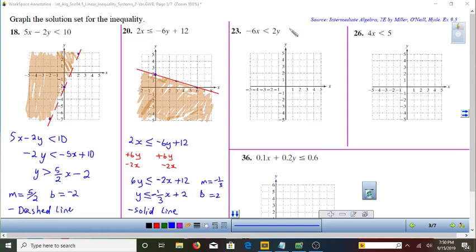Very simple. I just divide both sides by 2. I get negative 3x is less than y. Or we can say y is greater than negative 3x. So we know that the slope is negative 3 over 1 and the y-intercept is 0. So let's see, what type of line do we have? We have a dashed line because it's a strict inequality, and we're going to shade above the line.